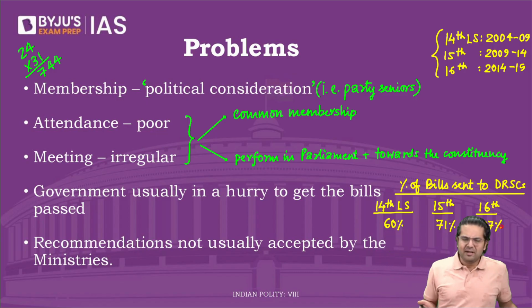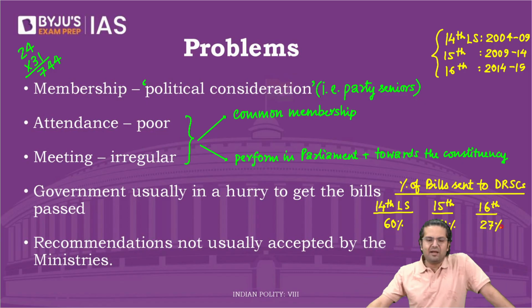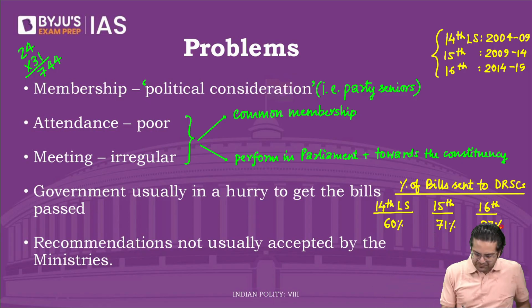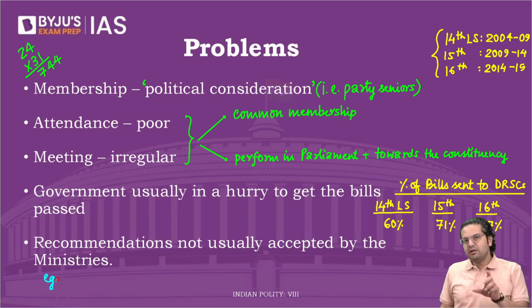recommendations. As we said, recommendations are rarely accepted by the government. In fact, the bureaucrats and the ministers think too highly of themselves. They think, who are these MPs? Useless fellows. What will they teach us? And I'll give you a very good example of this. While the pandemic was going on, there was a constant demand from the doctors to increase the availability of oxygen cylinders.